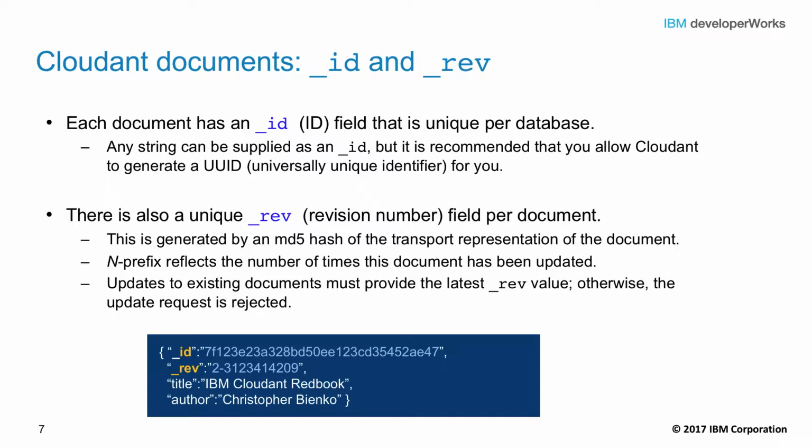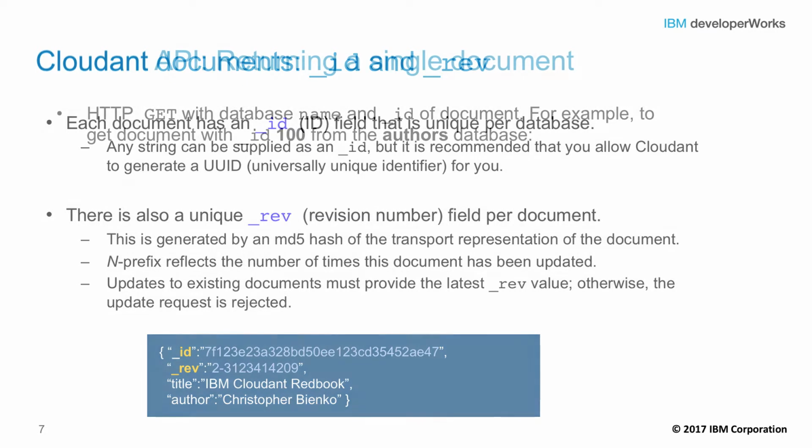Similarly, no 2 documents inside a database can have the same _id value, so the ID field is unique per database. Cloudant recommends that users who programmatically assign custom ID fields to documents do so according to a naming convention that guarantees uniqueness. For example, appending a time or a date code following the unique document name.